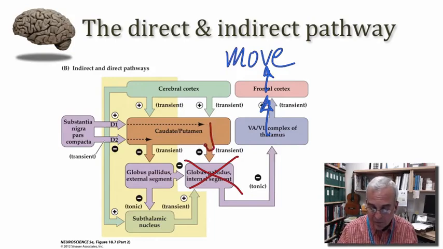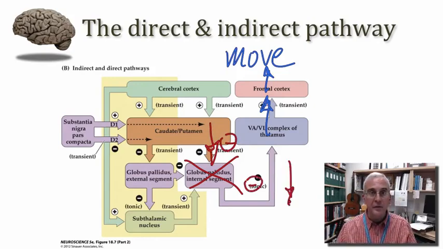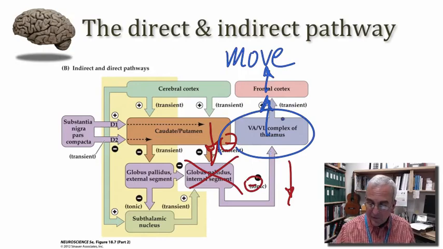And that's where the direct pathway comes in. We inhibit the inhibition, and that leads to a reduction in the suppression of the thalamus, which causes a release or a disinhibition of the VA/VL complex and activation of our cortical spinal neurons.